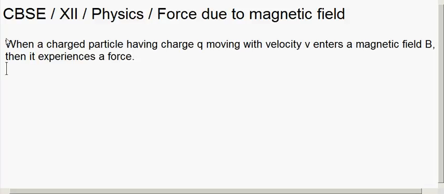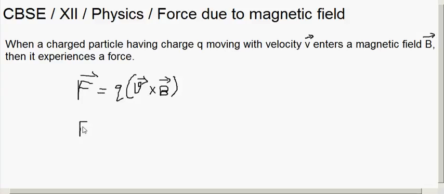And the magnitude of this force is given by F is qvB sin theta. Here both v and B are vector quantities, so F is q into v cross B, or if I write only the magnitude, F is given by qvB sin theta.